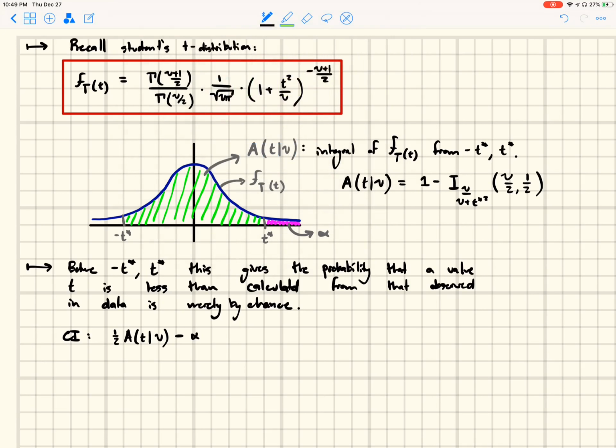So we're going to move on, and I'm going to show how one evaluates the cumulative distribution function.